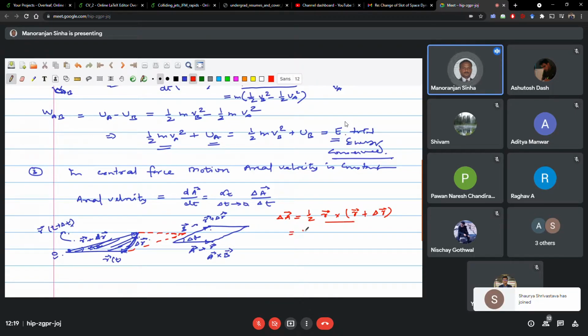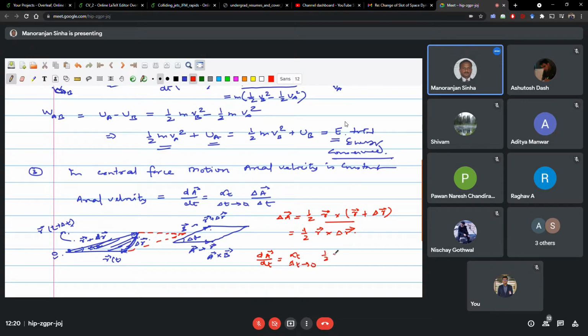So the first term will get reduced to 0, and the second term we have, and therefore dA by dt gets reduced to the limit as delta t tends to 0, one by 2 r plus b, which we write as h divided by 2.